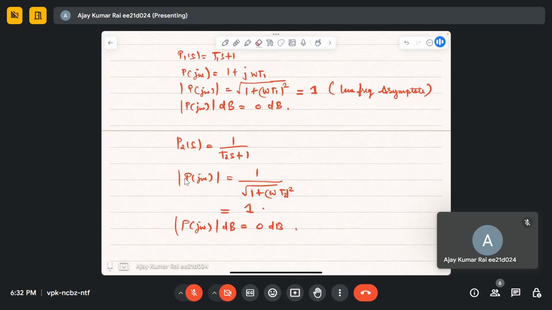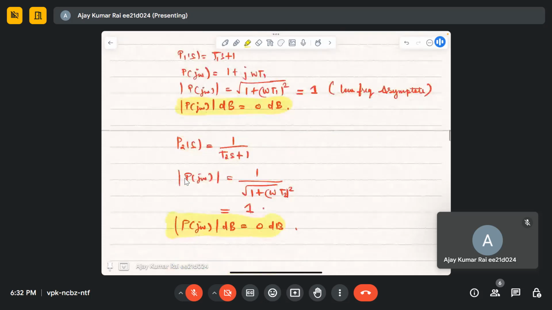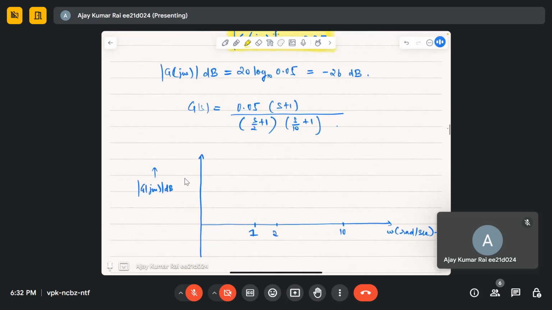If you see these two functions, the numerator part and the denominator part, below their corner frequencies the contribution in the magnitude plot is equal to 0 dB, right? So for the numerator part s plus 1 and the denominator parts s/2 plus 1 and s/10 plus 1, the contribution below their corner frequencies is 0 dB.